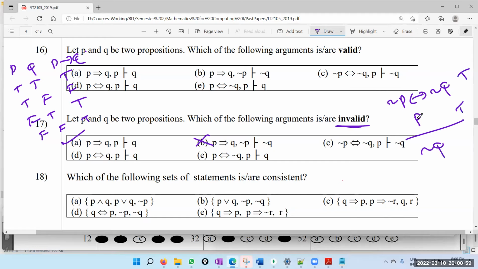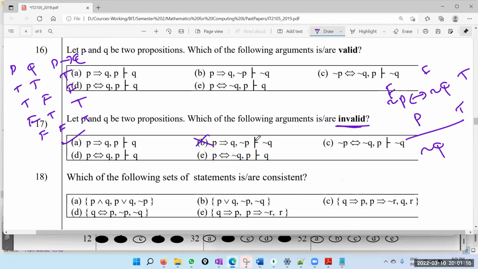So P is true now, so therefore not P is false. Right. So false if and only if this becomes true only when your not Q is false. When not Q is false, your Q is true.